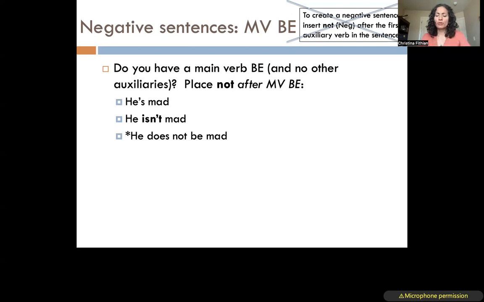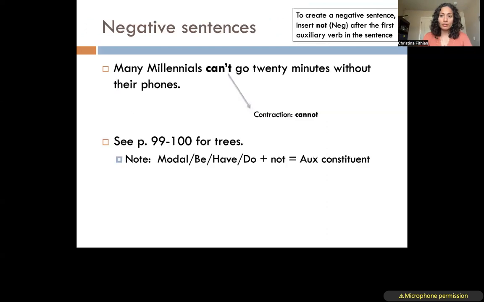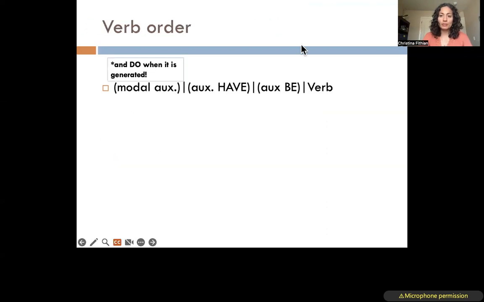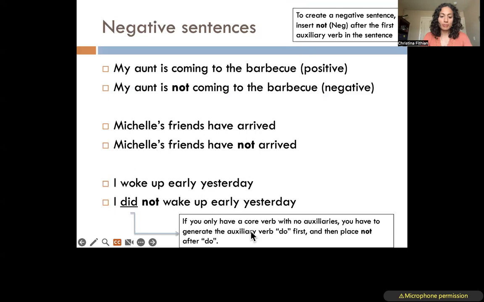So what that would normally get me is "he does be mad," if I followed that rule. I had to create do. And then finally, I can put not after the first auxiliary, which is do: "he does not be mad." So in theory, "he does not be mad" should be the sentence that we get if we're following our auxiliary rule that we saw back here.